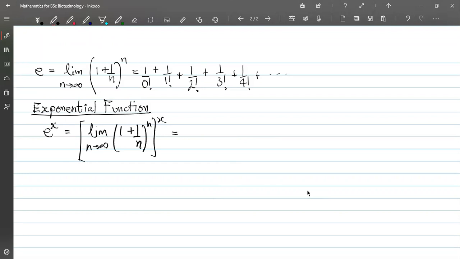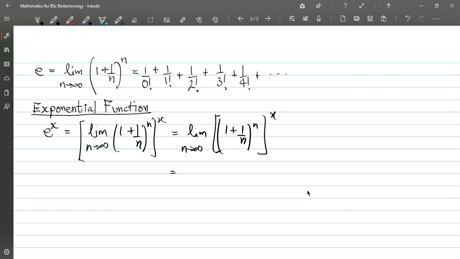Now there is a property of limits which states that if you have a limit to the power of x, and if that limit is itself defined, in that it has a value, which it does in this case, then you can also take this x inside the limit. So instead of finding the limit and then raising it to the power of x, you can also take the expression which you are evaluating and raise it to the power of x, then find its limit, and these should be equal.